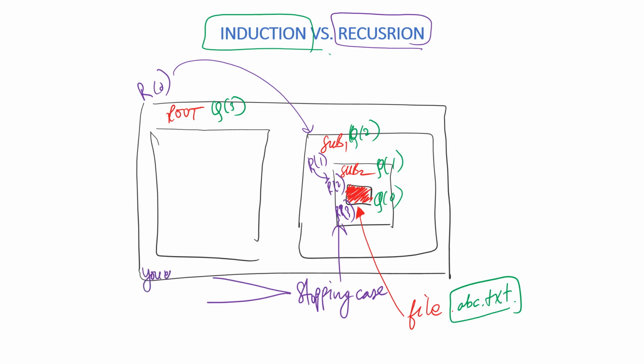You either find the target or return empty-handed. So that's the difference between, I guess, induction and recursion, where one is the complement of the other.